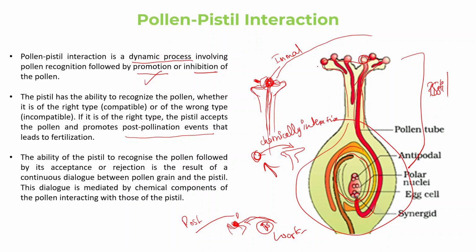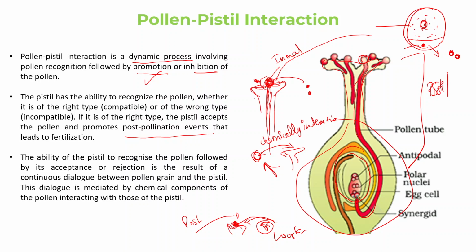These pollen also contain two male gametes. If you recall, the pollen grain structure looks like this. This bigger part is called the vegetative cell, and it has its own nucleus. And this is called the generative cell, and it also has one nucleus. The generative nucleus divides into two male gametes.